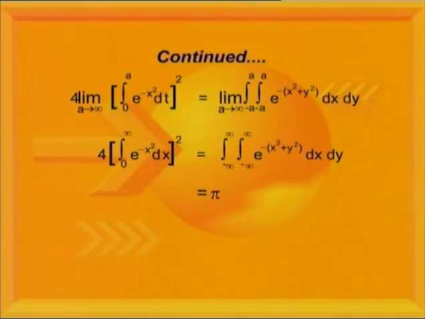Therefore the exact value of that integral will be square root of pi divided by 2. So the integral of e raised to power minus x square with respect to x from 0 to infinity is equal to square root of pi divided by 2.